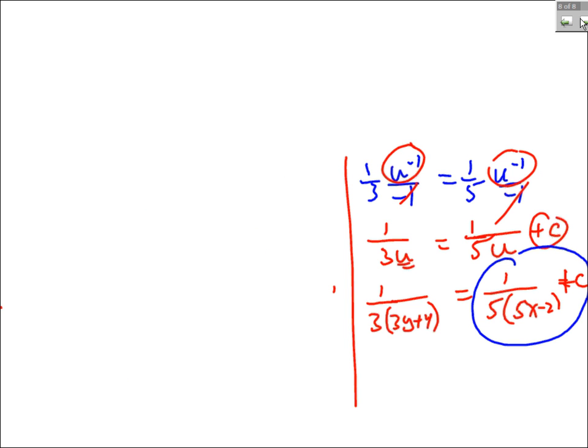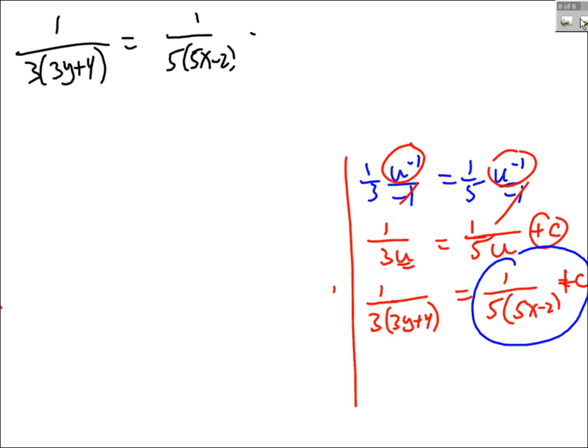Right now, on the bottom right, we have this fraction equal to this fraction plus c. Well, this c has to have the same denominator as this fraction.